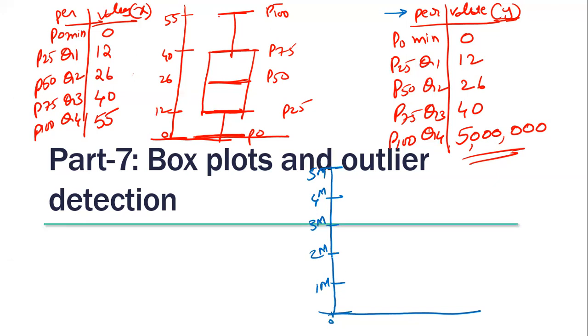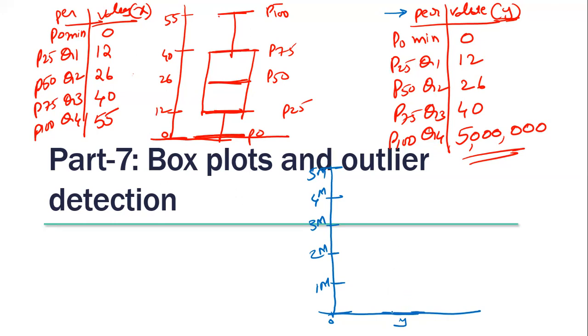Now, let us draw the box plot for variable Y. What is the minimum value? 0, it will come here. What is the 25 percentile value for variable Y? I'm talking about variable Y. 12.